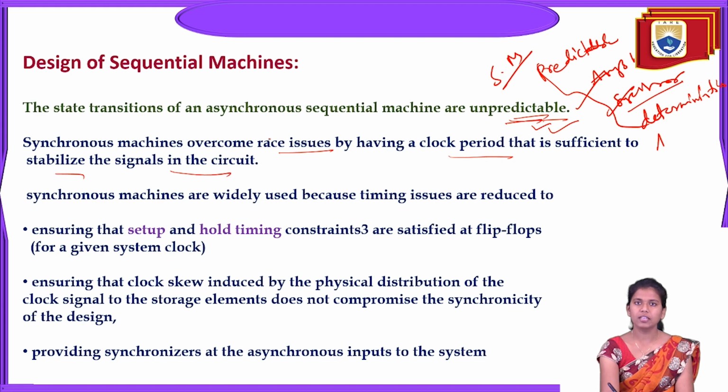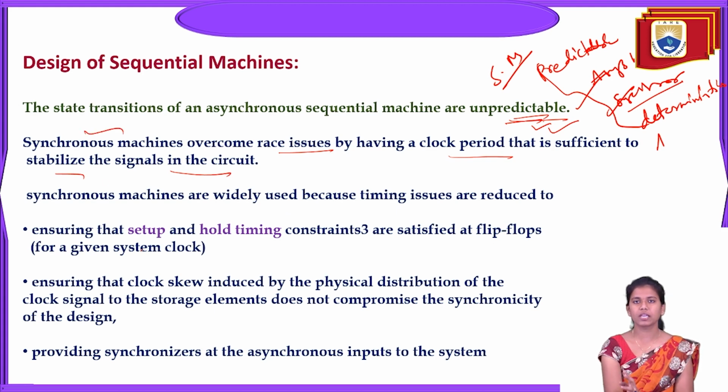Race conditions are errors formed when two or more transitions of the memory are executed simultaneously. This is one of the disadvantages that we can overcome with synchronous machines.